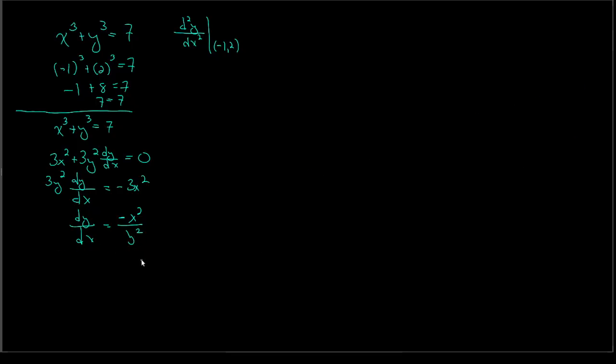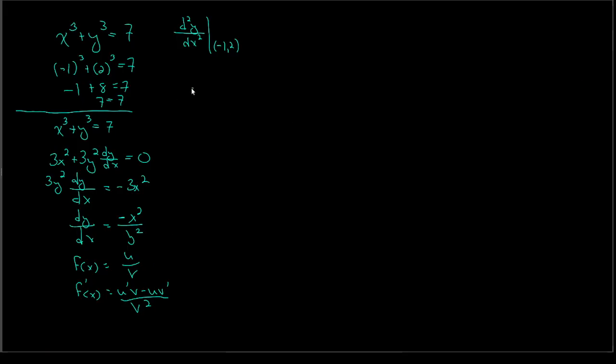Now, taking the next derivative, we recognize that this is a function of x, written in the form of u over v. So the second derivative will be the derivative of this function, which is u prime v minus u v prime over v squared.